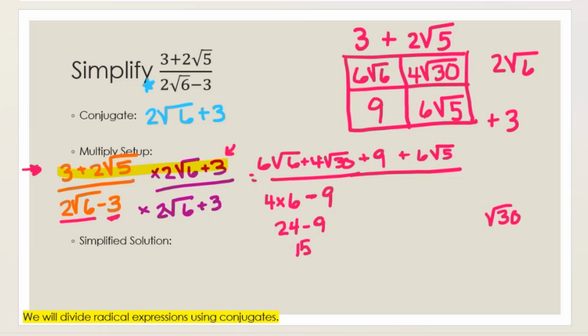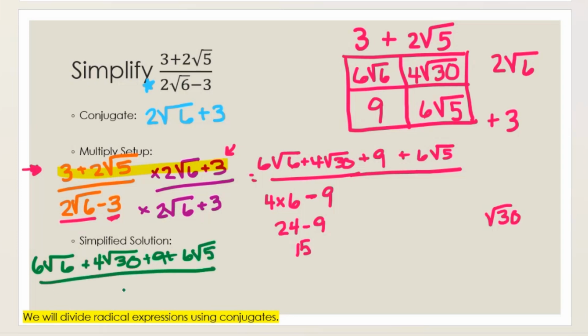I'm going to just rewrite the final answer at the bottom, just so that it's a little bit more organized and clear. So 6 square root 6 plus 4 square root 30 plus the 9 plus 6 square root 5, and it's all over 15.